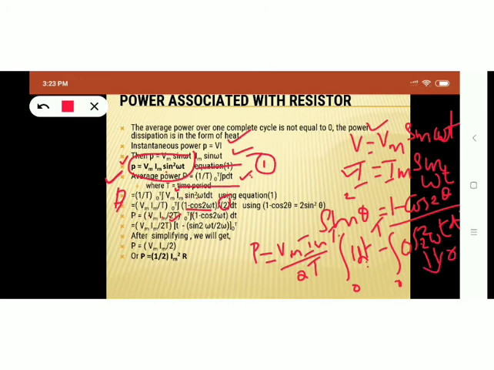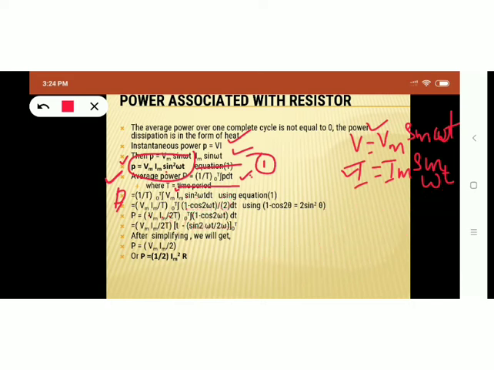Whenever you approach in a traditional way, you can write the integral of cos 2 omega t is sin 2 omega t by 2 omega, like that. But no need to do that. The integral 0 to T of cos 2 omega t dt will be 0, so this whole term will vanish. Then you are left with only integral of 1 dt, that means T.